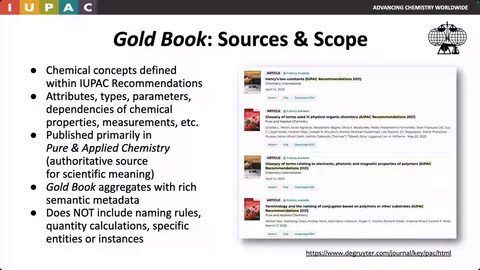And we are in the process of pulling all of this data in from XML files that have been provided by the publisher of Pure and Applied Chemistry, which is De Gruyter, and then aggregating all of that data into a system that can allow us to not only make sure we've got a correct, appropriate digital representation of each of the terms that are published, but also provide the representatives from the divisions to go and review the individual definitions and make sure that they are as accurate as possible to the published definitions in these papers.